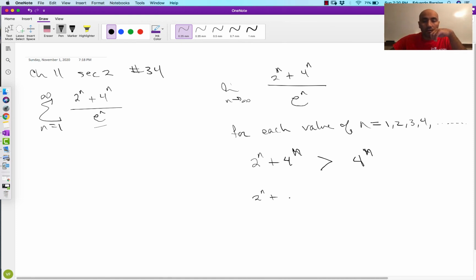So (2 to the n plus 4 to the n) divided by e to the n is always going to be bigger than just 4 to the n divided by e to the n.